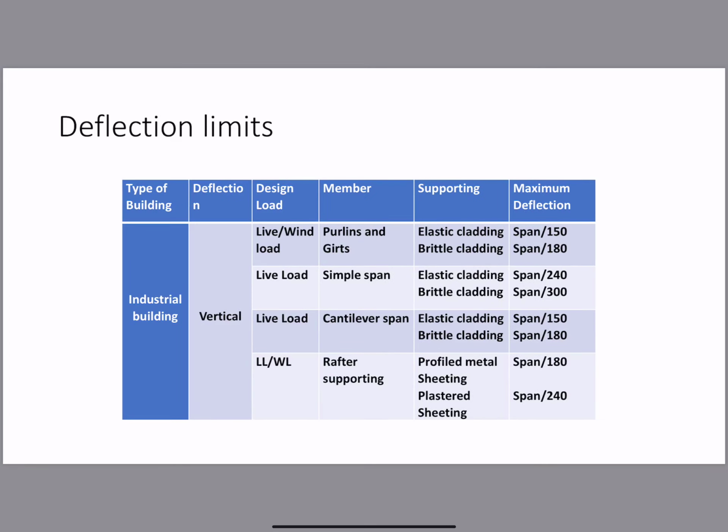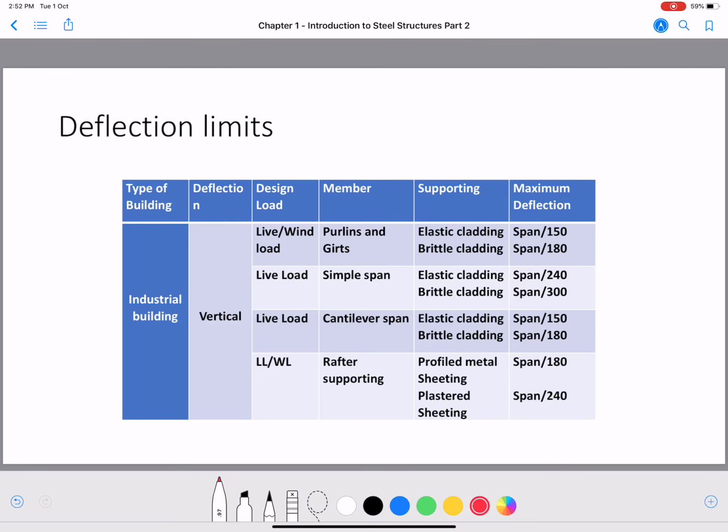Now, deflection limits. In strength we check the capacities. In deflection we need to do the serviceability check. The serviceability check is done based on the deflection limits. We need to find out, based on whether it is an industrial building, residential building, or what type of structure we are checking, the allowable deflection.